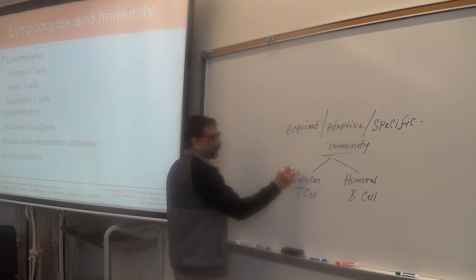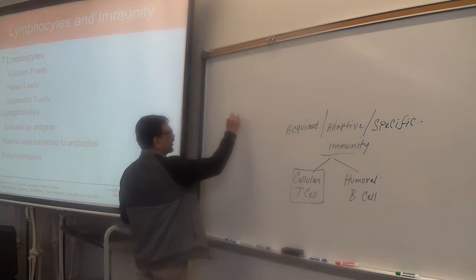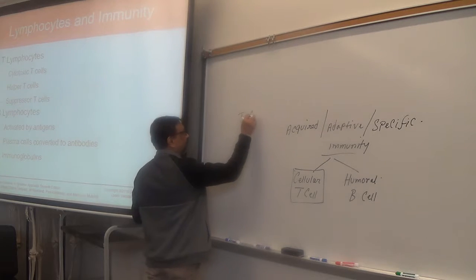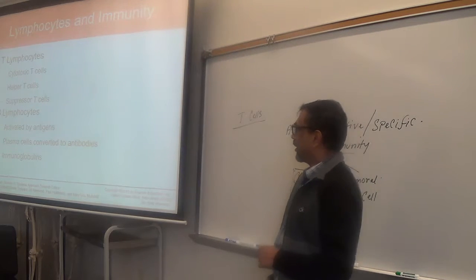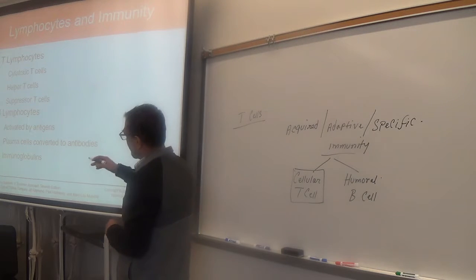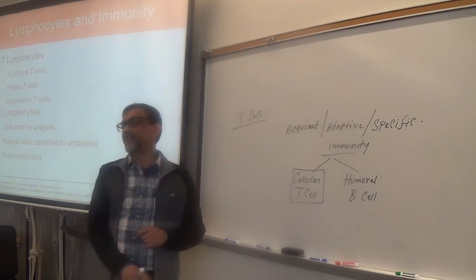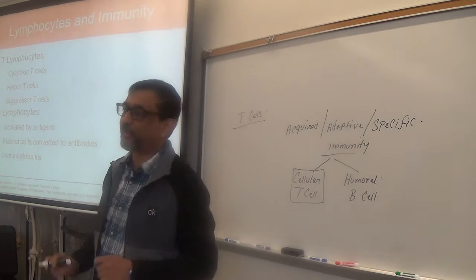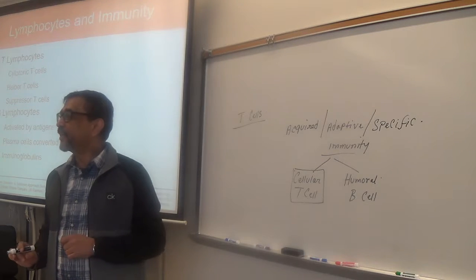Now, in last class, you remember I said T cells could be different types. T lymphocytes could be different types. And I said cytotoxic T cells, helper T cells, suppressor T cells. Another one I mentioned, anybody? Memory T cells.